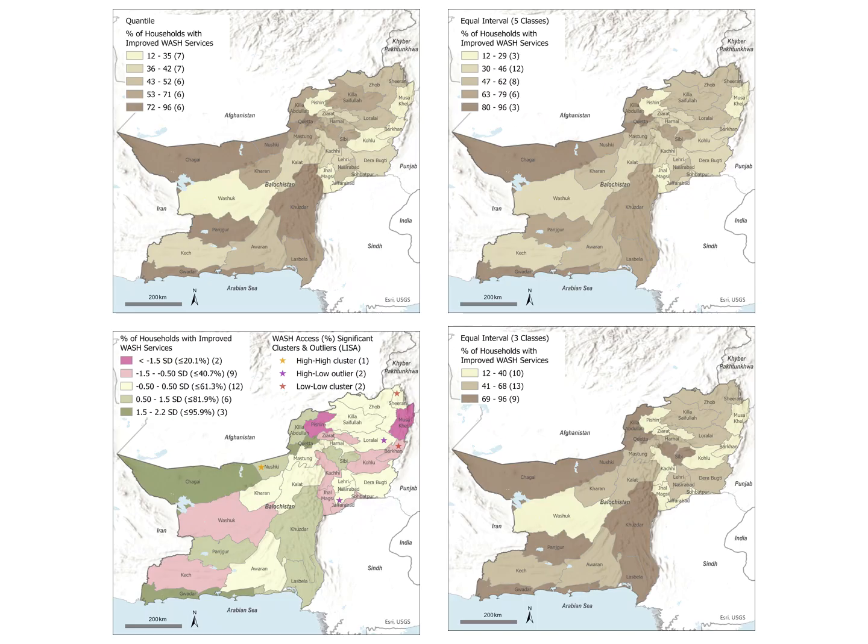How is that possible? The first one uses a quantile classification, where all 36 districts are arranged into five groups. The range is determined based on the number of 6 or 7 districts per group, after ranking them from low to high.